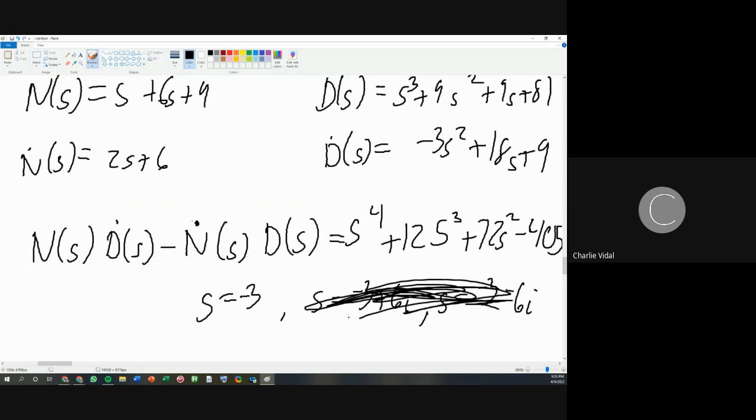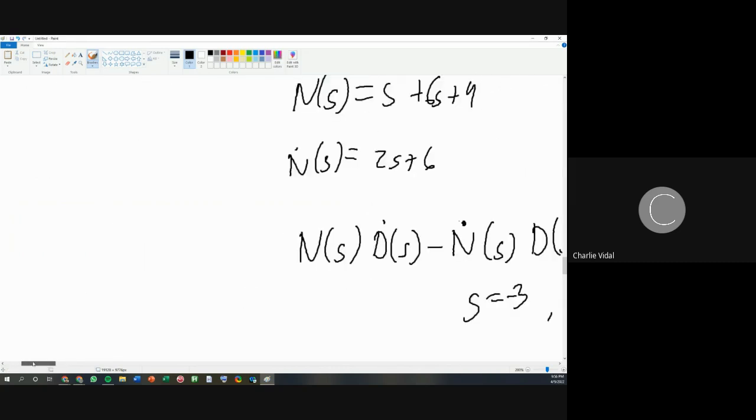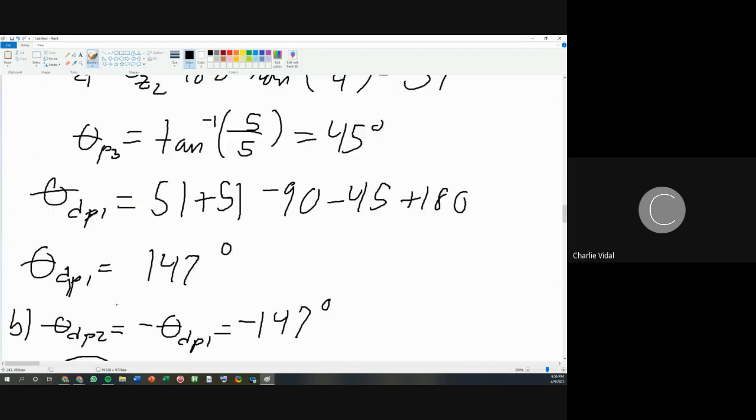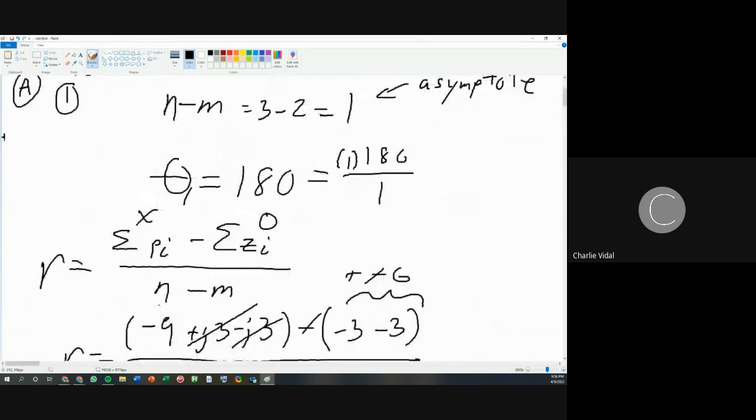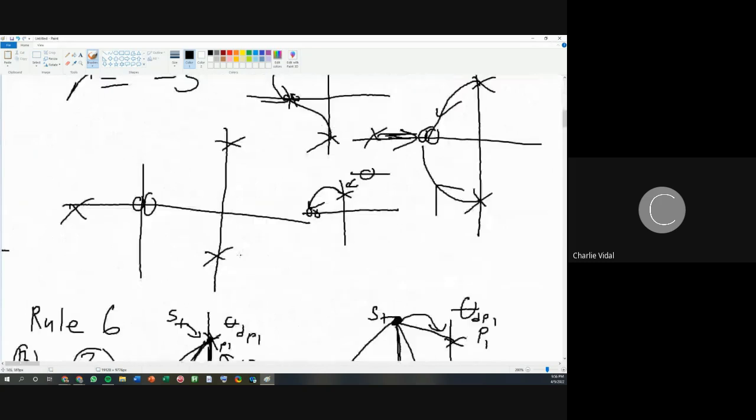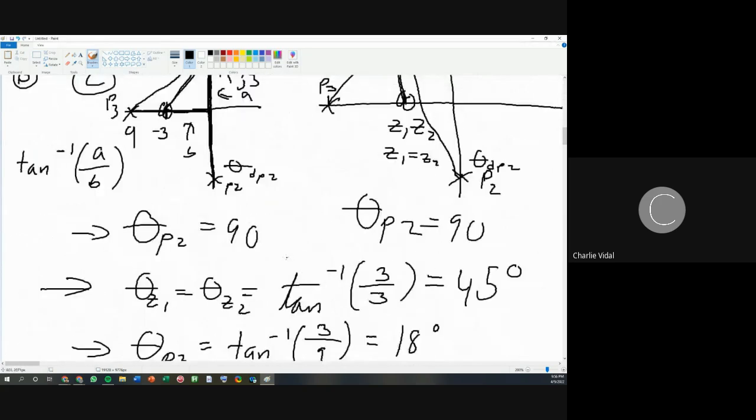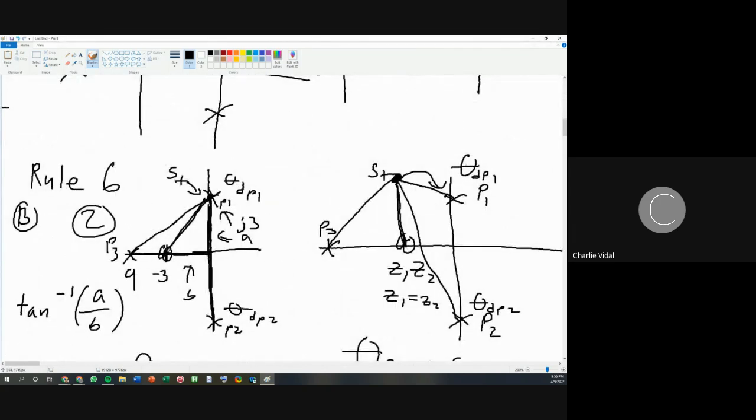And you say, okay, this is the point where everything is entering or leaving, right? I looked at negative 3, and I was like, okay, where's negative 3 on the graph? Negative 3 was right over here at these 2 zeros. It was right there the whole time.